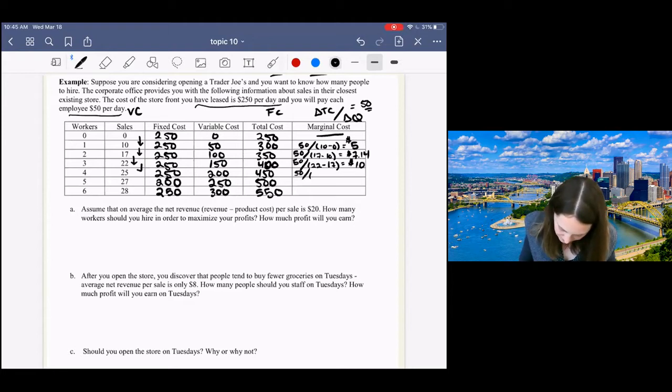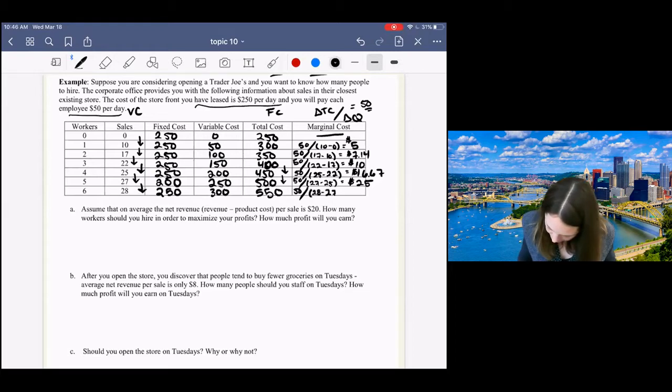Now we've got 50, that's the change in total cost, divided by 25 minus 22. So 50 divided by 3 gives me 16.67. And then I've got 50 divided by 27 minus 25, that's 2. So we've got $25. And then 50 divided by, that's going to be 1, is $50.